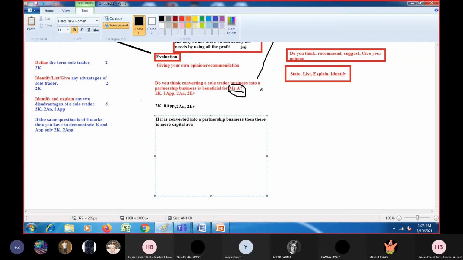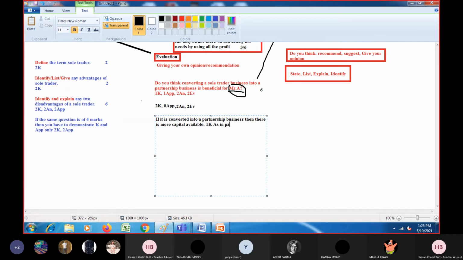Okay, right? I've written there is more capital available. I have mentioned a point. So I might get 1 mark here for the knowledge, because I have demonstrated the knowledge that after converting it into a partnership, there is more capital available. Now I have to give the logical reasoning why there will be more capital. And that is what we call analysis, right?